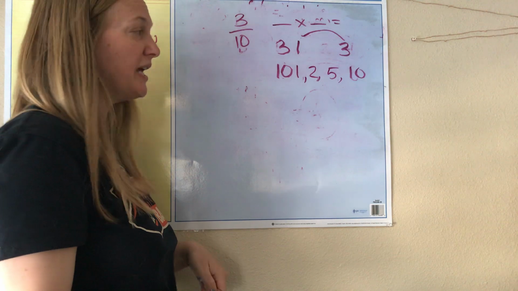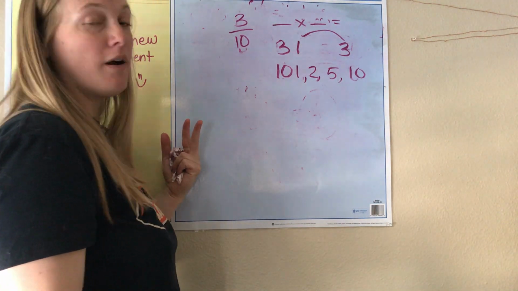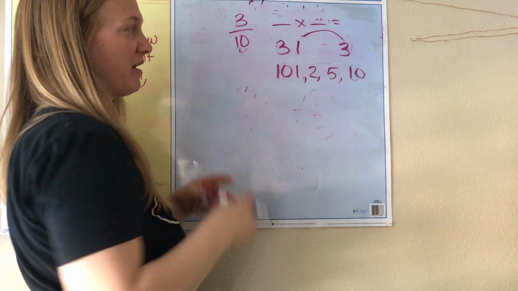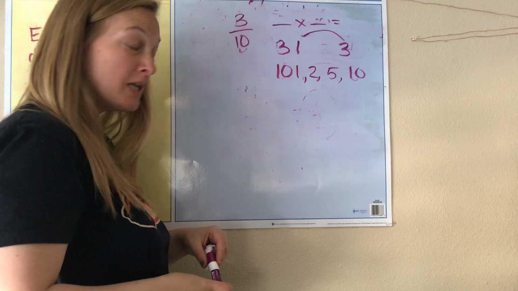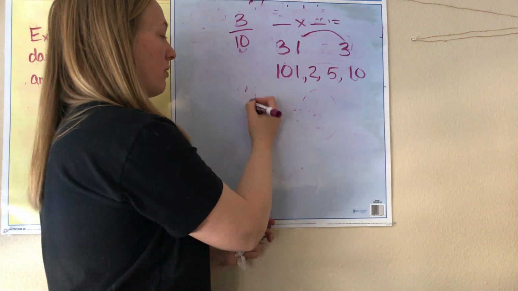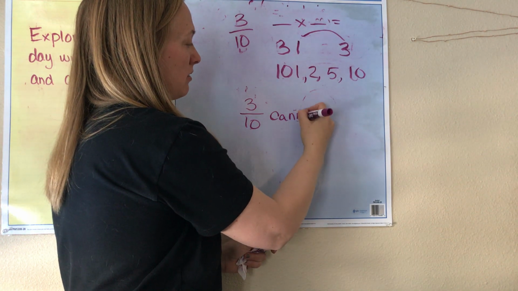Those are my factors of 10. Okay. Are there any numbers besides 1 that both lists have in common? Nope. So I cannot reduce this. So 3/10 cannot be reduced.